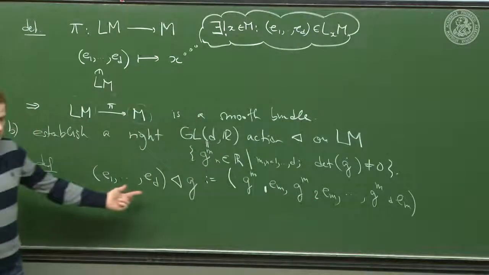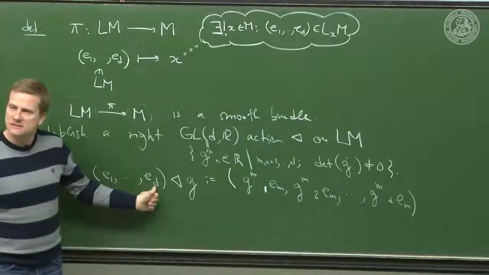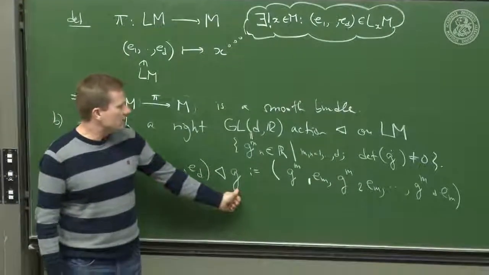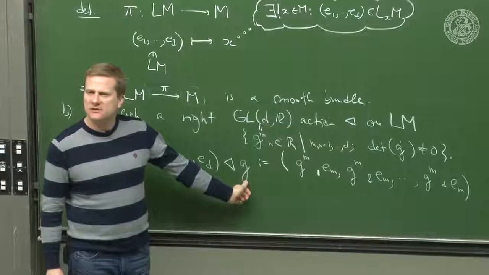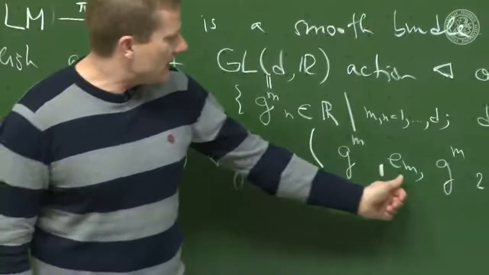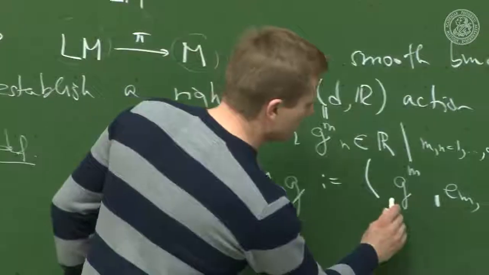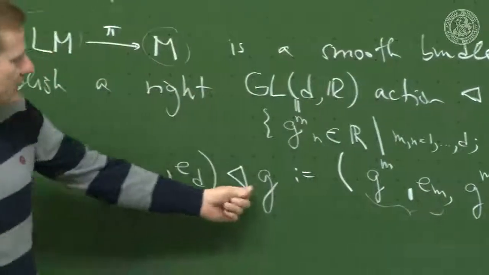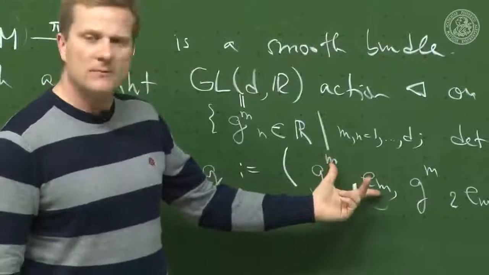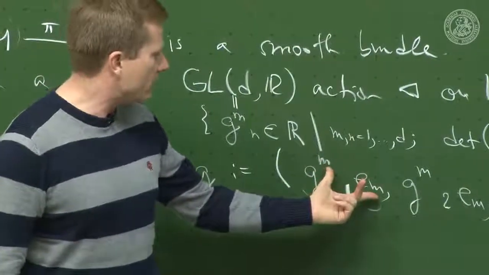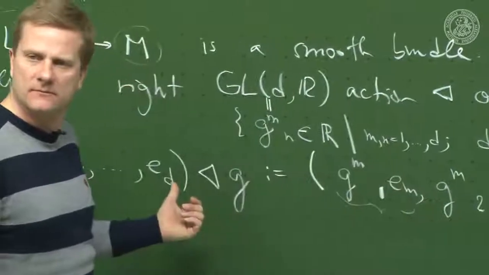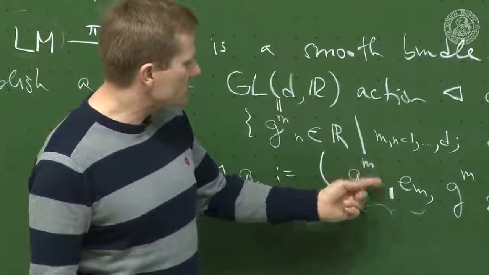Now what this of course is: you have a basis, and now you do a general linear, invertible transformation of the basis. That means the new first frame vector after the action is a linear combination of all the frame vectors E_m you have, and it produces one new one.